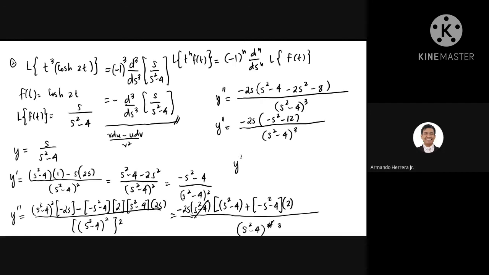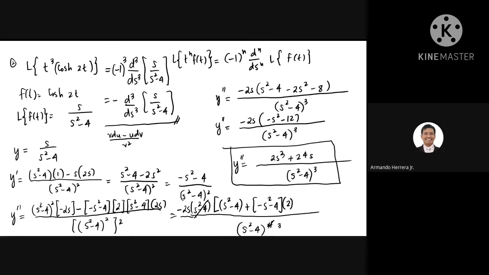Then finally, we have y double prime as over (s squared minus 4) cubed: 2s squared times s is 2s cubed plus 24s. Because negative times negative, both are positive. So this is the second derivative.